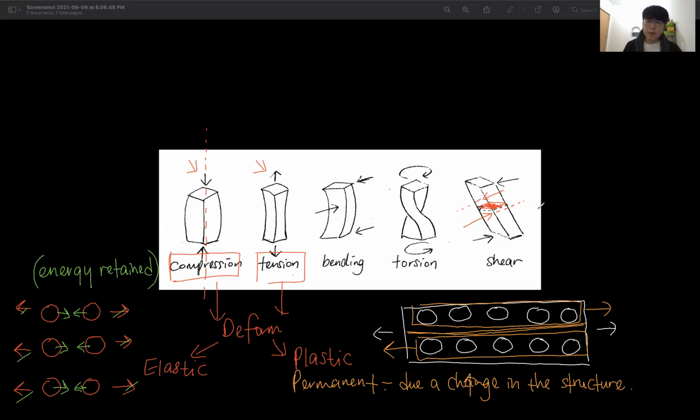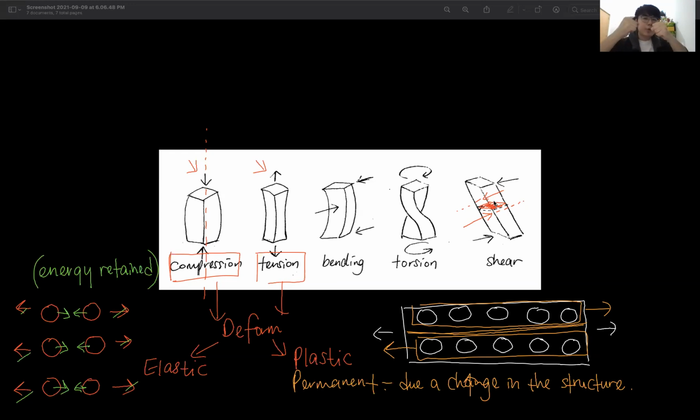Okay. Now, what happened to the energy in plastic deformation? Is the energy stored or lost? If you stretch a spring within the elastic limit, the energy is always retained, yes. The moment you stretch beyond the elastic limit, a lot of the energy will turn into heat energy. That is why when you release, it cannot return, because it has no more energy left. All the energy has turned into heat.